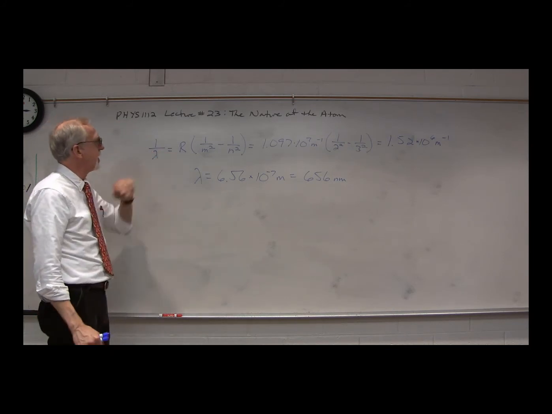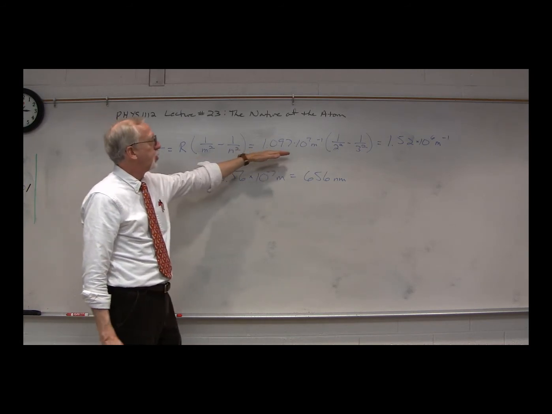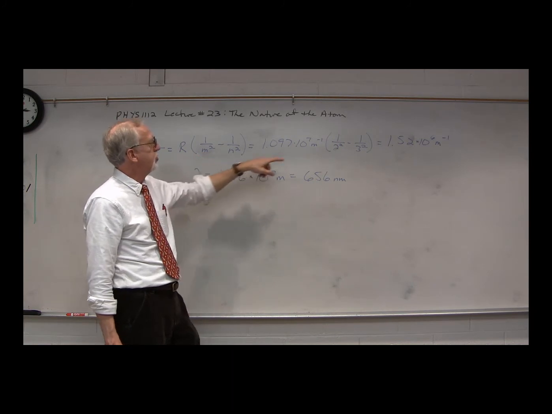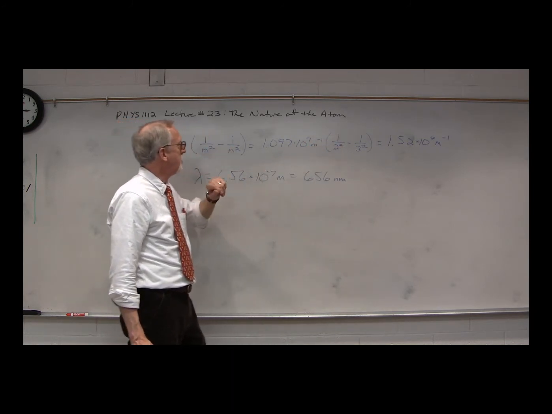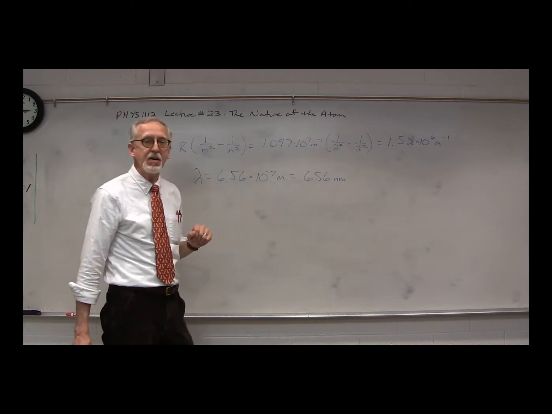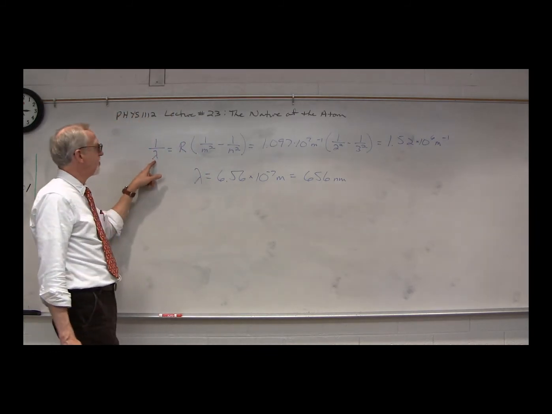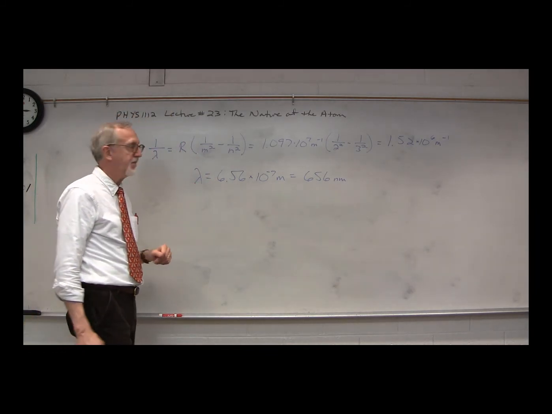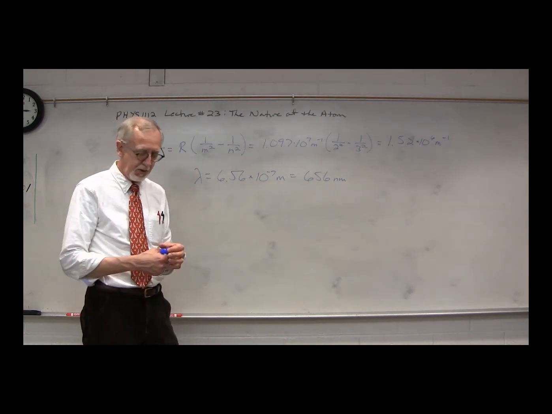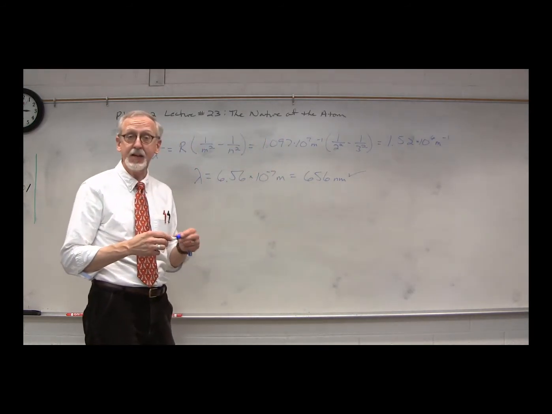With 1 over lambda equals R times 1 over m squared minus 1 over n squared, that is 1.097 times 10 to the 7th inverse meters, times 1 over 2 squared minus 1 over 3 squared. We multiply that out and we get 1.52 times 10 to the 6th inverse meters. Taking the inverse of that, we get lambda is 6.56 times 10 to the minus 7th meters, or 656 nanometers, and it turns out that is just the wavelength of that red line.